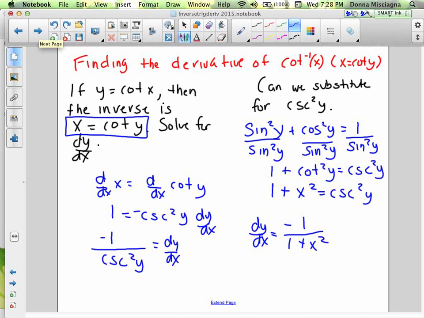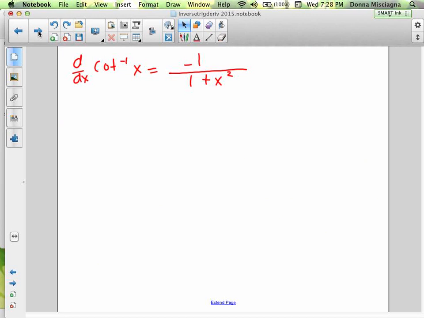So the derivative of arc cotangent is exactly like the derivative of tangent, except for the sign. And of course, 1 plus x squared, it doesn't make a difference which way you add. We have found the derivative for arc cotangent, and that is equal to negative 1 over 1 plus x squared.